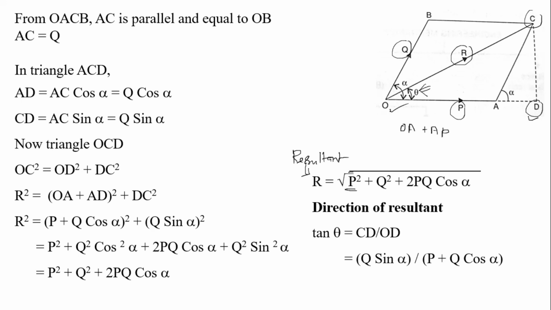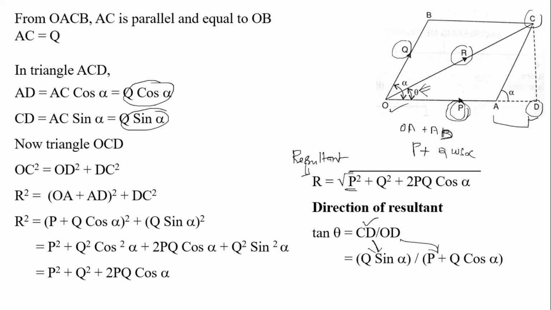OA we know is P, and AD is equal to Q cos alpha, right? So CD is equal to Q sin alpha, and OD is equal to P plus Q cos alpha, right?